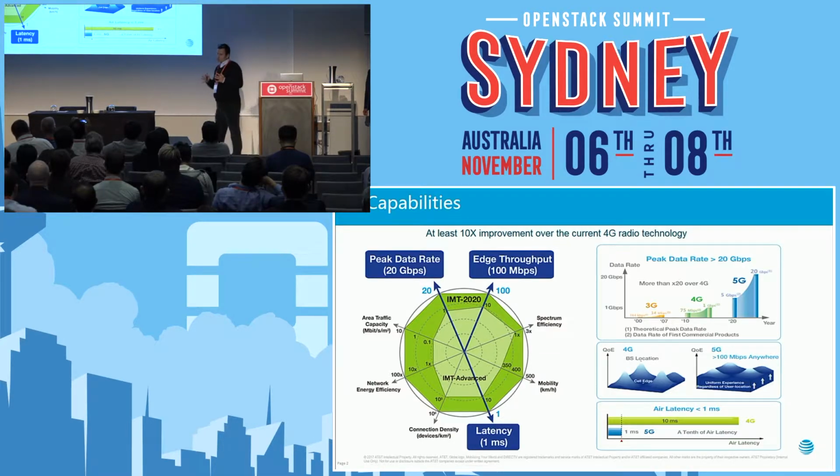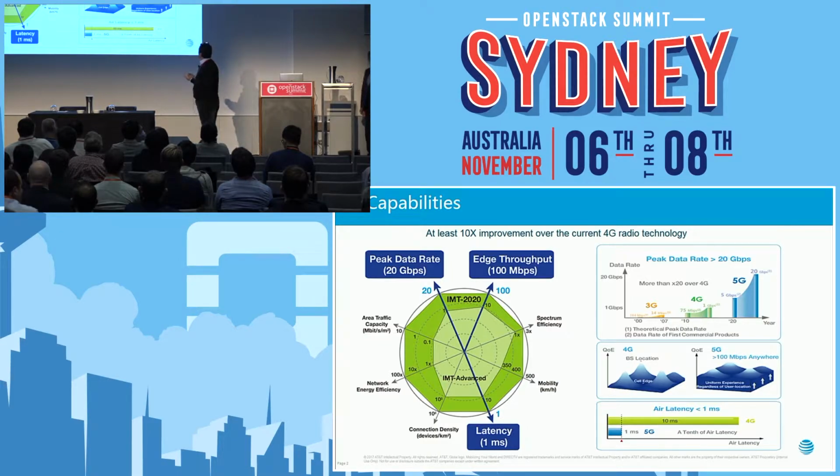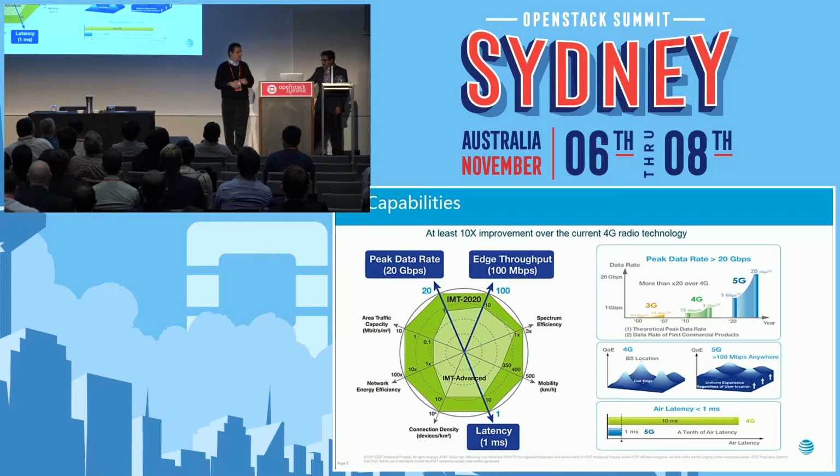The most important difference of 5G from the previous generations is that you have total flexibility over which function is going to go where. That's what our story is going to focus on, as well as how technology advances have brought air latency from 10 milliseconds to 1 millisecond, and QoE from the user experience point of view is going to be tremendously impacted, and for the better. So these are the overall capabilities of 5G.